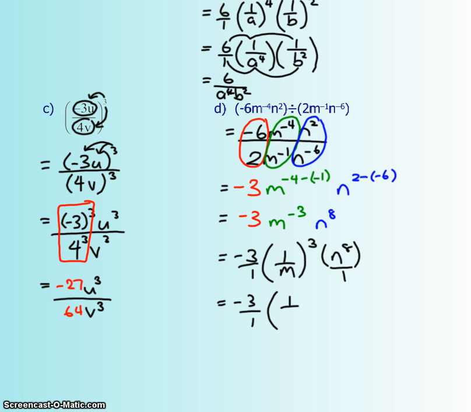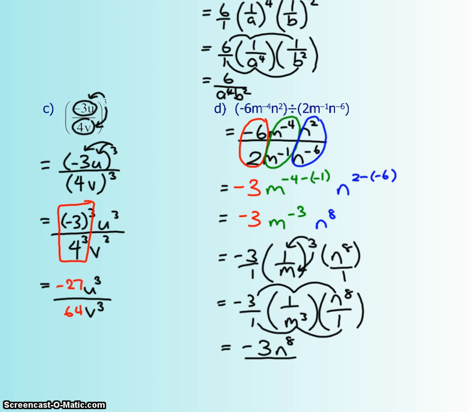We're going to cube, so 1 cubed is just 1, and then m cubed is m cubed, and 8 over 1 equals 3 times 1 times n8 is negative 3 n8 over 1 times m3 times 1 is going to be m3, and now everything has positive exponents, so we're happy.